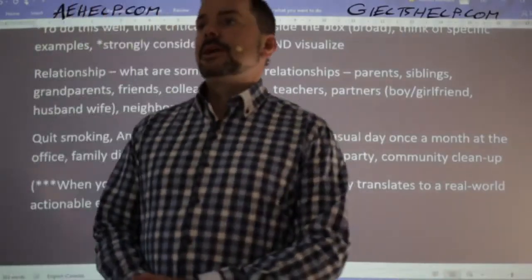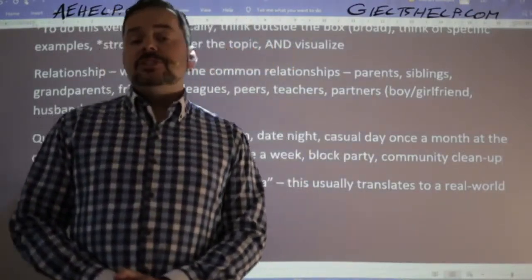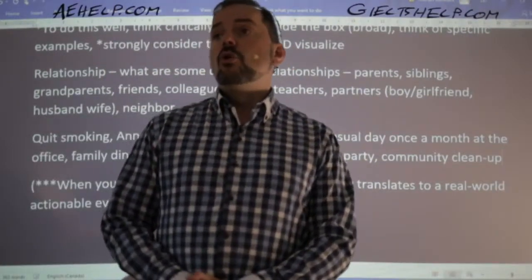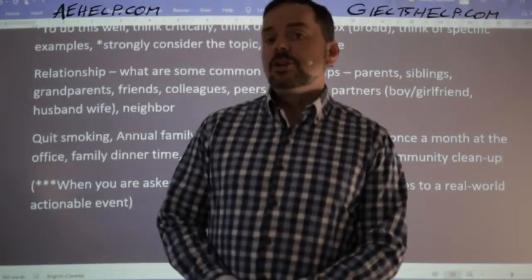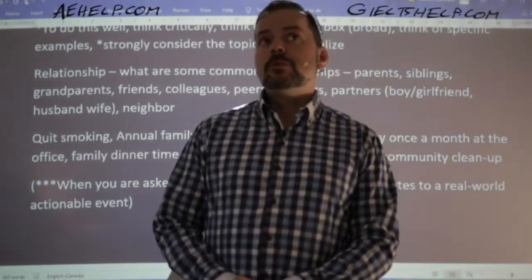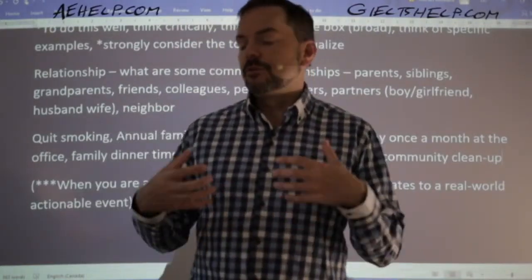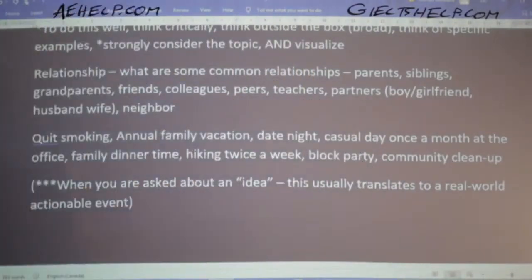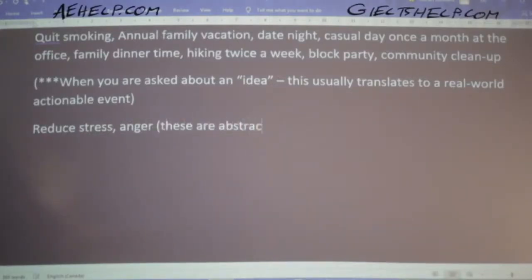Deepika says, can't it be like reducing anger or spreading positive vibes? That's your goal. So that's the goal of your activity. You can't simply just talk about that, Deepika, because you're going to not only run out of content, but it will be unclear what you're trying to say if you're focusing on just kind of thoughts like reducing stress or any other abstract idea, okay?